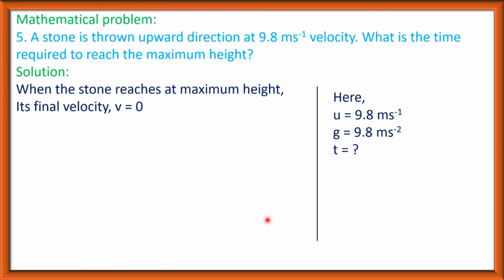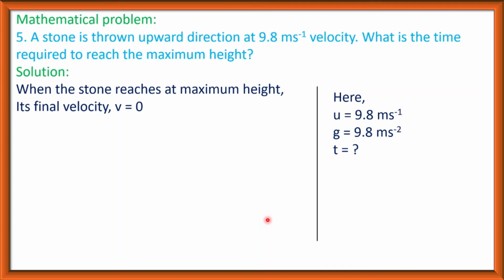We know when the object moves in upward direction, gradually its velocity will be decreased because acceleration due to gravity is negative when the object moves in upward direction. When the object freely falls, then its acceleration is positive because gravitational force always acts on the object in downward direction.